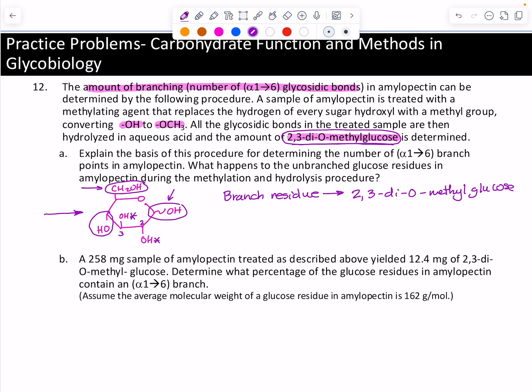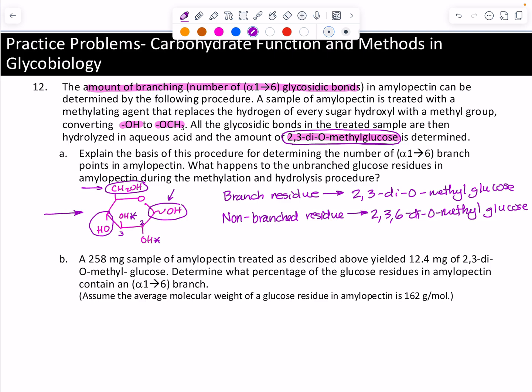And ones that aren't branched would be 2, 3, and 6. 1 and 4 are still going to be involved in glycosidic bonds, right? Because that's how you get your straight chains. So you would have 2, 3, 6 tri-O-methyl glucose.